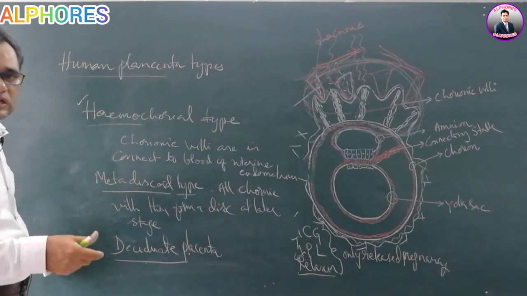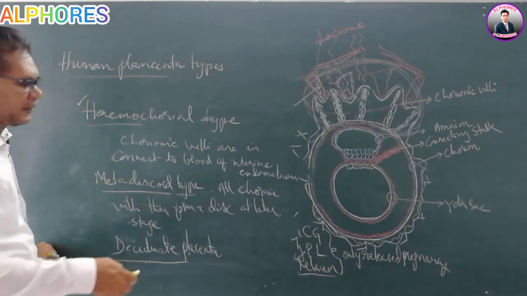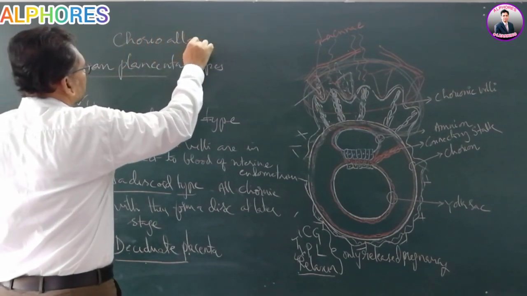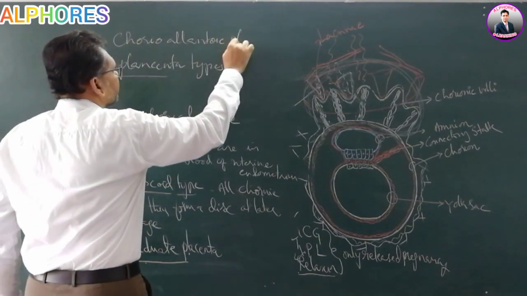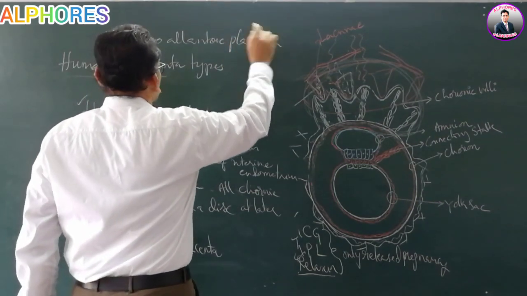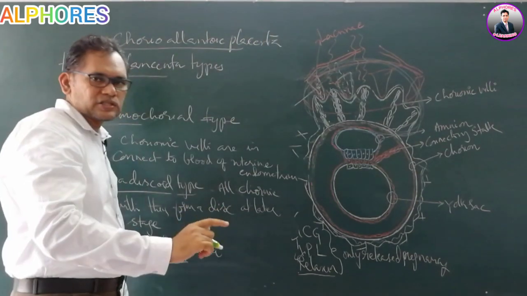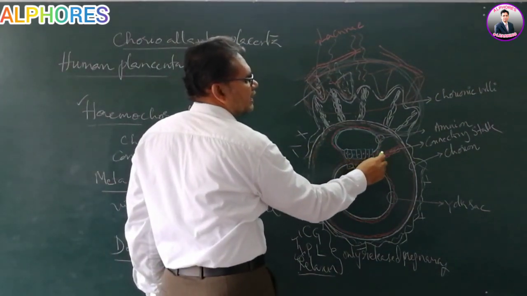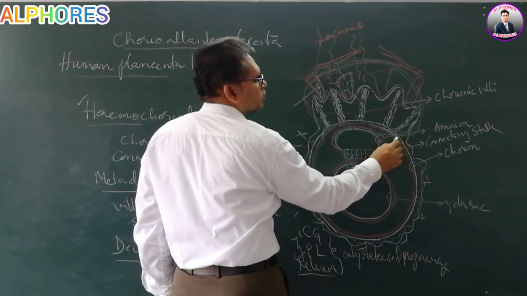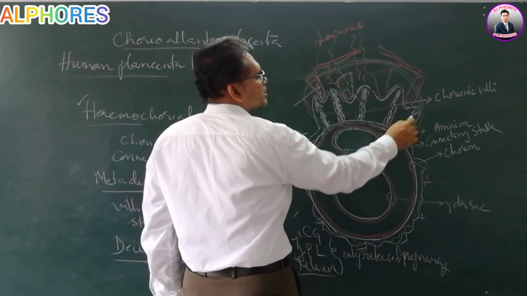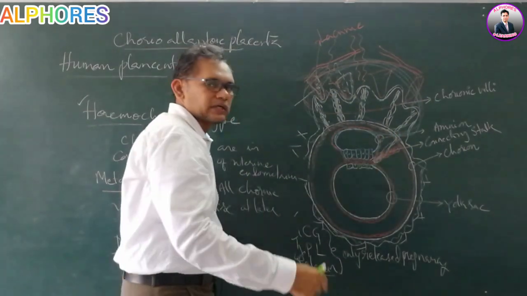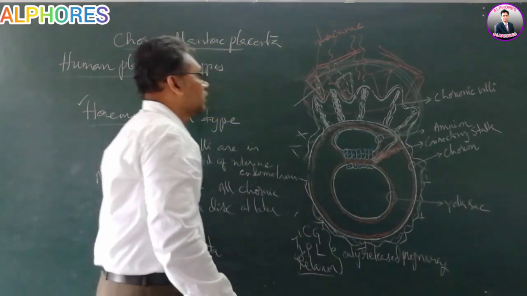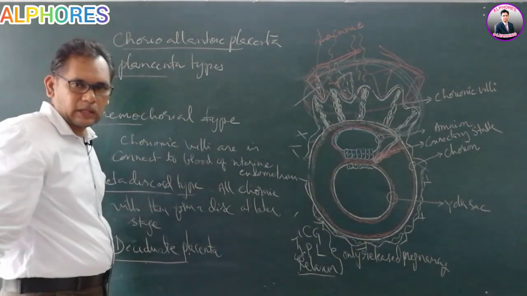It is also called chorioallantoic placenta, because during the process of formation of the placenta, from the hind area there is the allantois, which joins the chorion to form this structure that we call the placenta. Hence the allantois joins the chorion to form the chorioallantoic placenta.